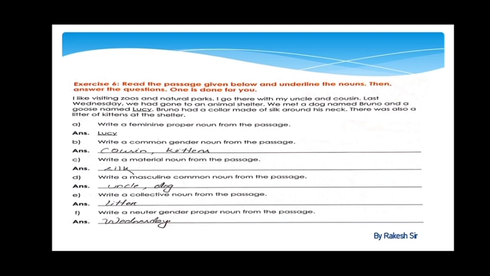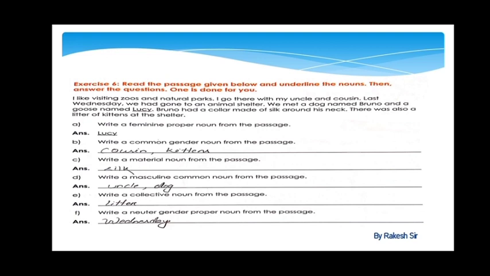We met a dog named Bruno and a goose named Lucy. Bruno had a collar made of silk around his neck. There was also a litter of kittens at the shelter. So this is the passage. You read it, and now underline all the nouns, that is your task.